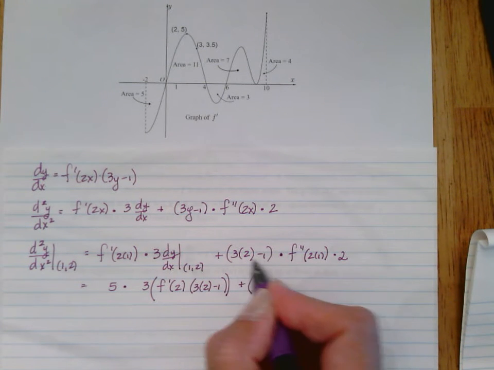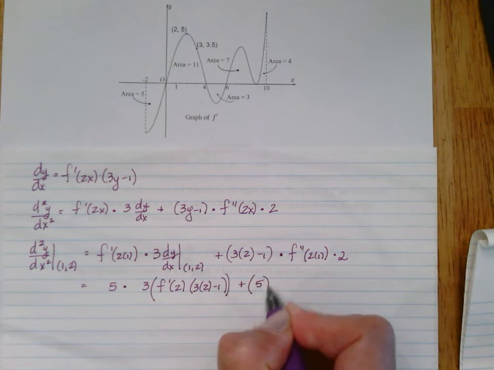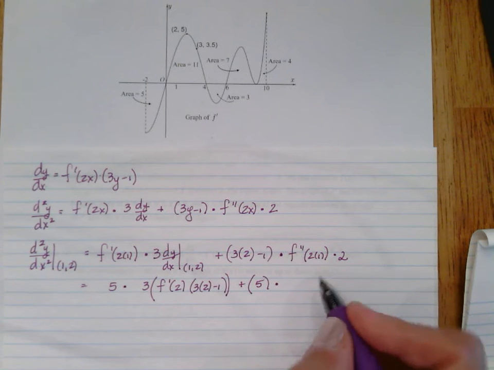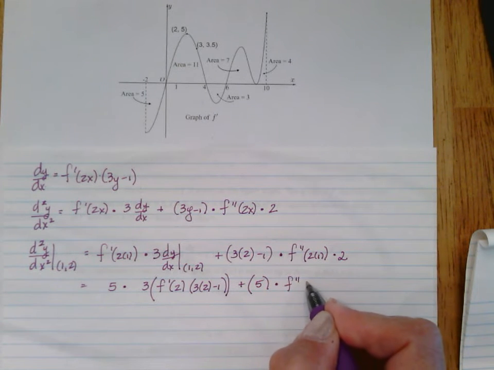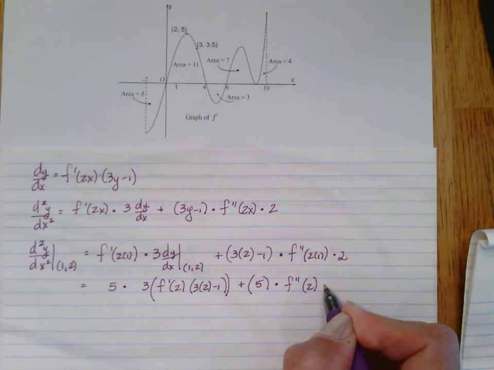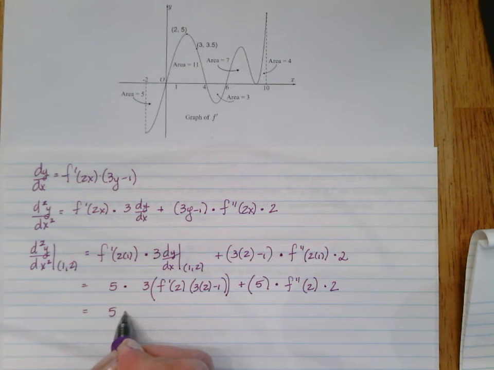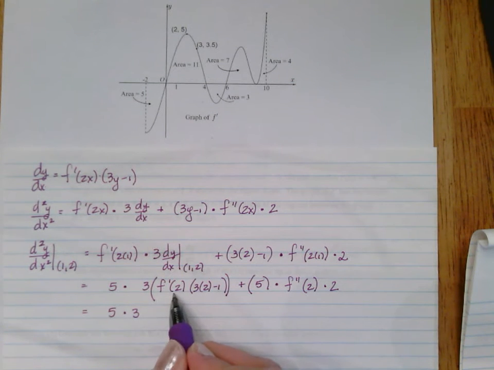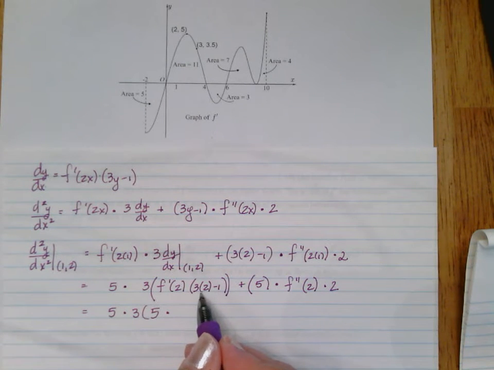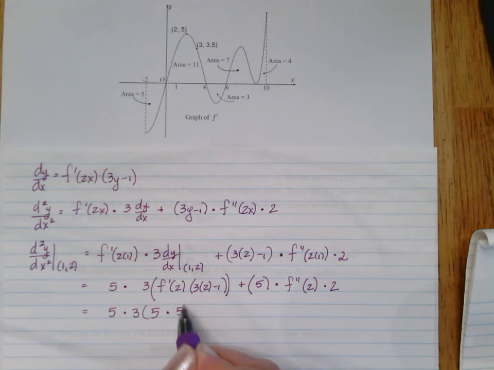Plus, here I'm going to have 6 minus 1 is 5, times f double prime at 2 times 2. Alright, let's see what we have now. So this is going to be 5 times 3. f prime of 2, again, I'm going to use that number again, is 5. So that's 5 times 6 minus 1 is 5, so another 5.